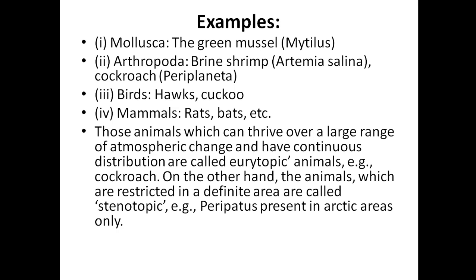Even in oceans, the green mussel, Mytilus, is found in almost all the seas and oceans. Brine shrimps, cockroaches are also like that. In the birds, hawks, cuckoos. In the mammals, rat, bat, etc. They show this continuous distribution pattern.